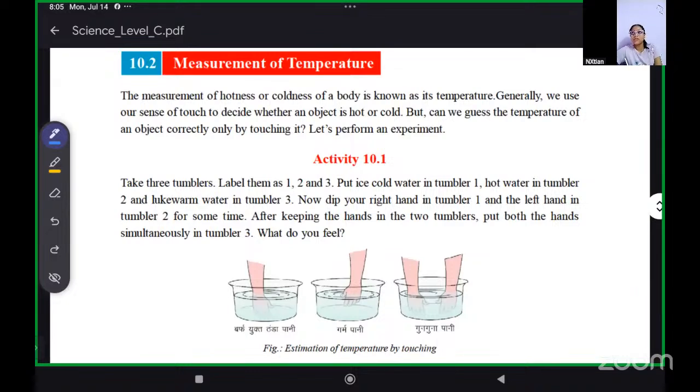So, like when we get a fever, when our mother touches our forehead to check if we have a fever, she can tell by touching our forehead or our cheek that the temperature is high. But can she tell exactly how much temperature you are having, or what degree fever you have?